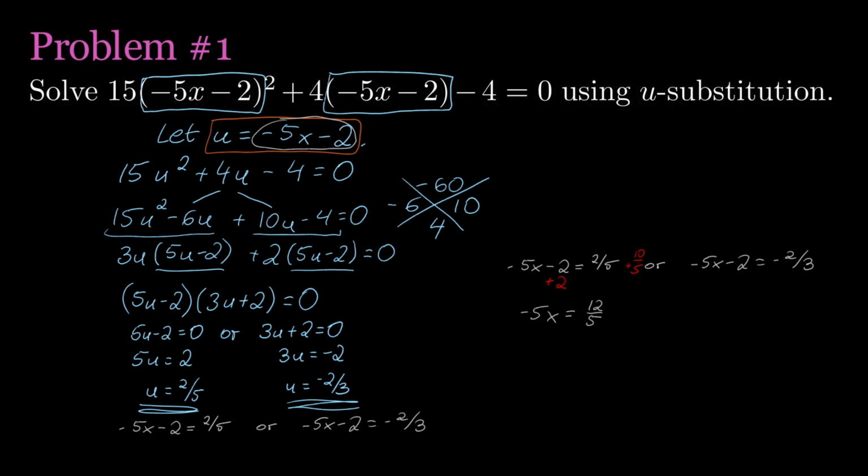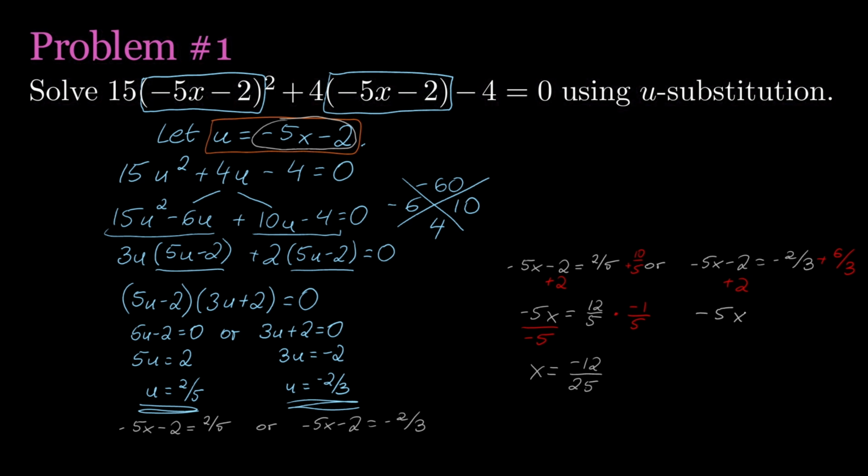And then we divide both sides by negative 5, or in other words, multiply by negative 1/5. So we can write it like this here, and like that on the other side, so it will be easier to multiply the fractions. So we get x equals negative 12/25. And then in the second equation, we also start with adding 2 to both sides, presenting 2 now as 6/3 on the right-hand side.